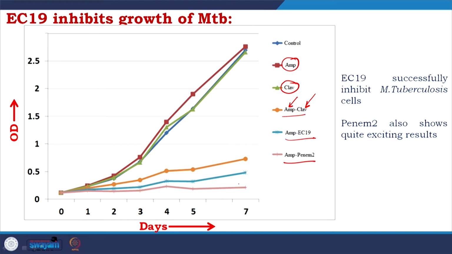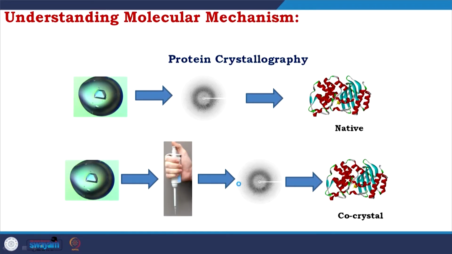So, we get good data for ampicillin clavulanate complex, ampicillin EC19 complex and ampicillin phenem 2 complex. So, EC19 successfully inhibits M. tuberculosis cells, phenem 2 also suggests quite exciting results. So, if you think about the EC19, EC19 was designed, then it comes in silico screening, then it goes biochemical and then biology.